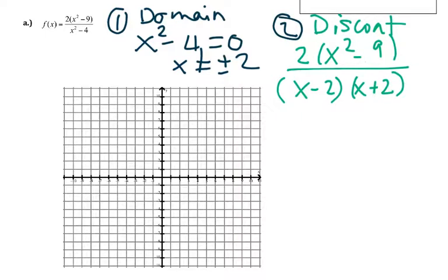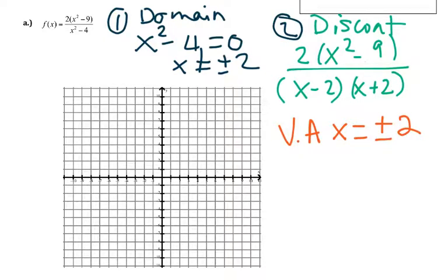In this situation, there is no term that we can cancel out. So there is no hole, but these two factors give us a vertical asymptote because we cannot cancel them out. So we have vertical asymptotes at x equals 2 and x equals negative 2. There's no hole, there's no jump, but we have vertical asymptotes.